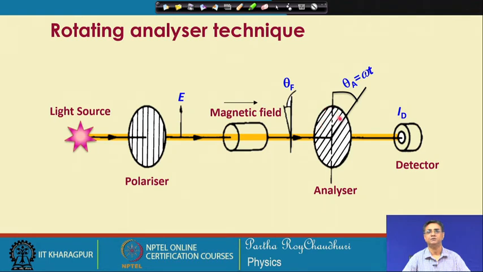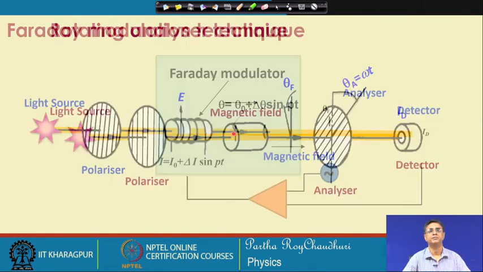Because of the rotation there will be a fall in the light intensity, but if you rotate the analyzer, you can measure the same intensity at a different rotation angle of the analyzer. You note down the angle of rotation of the analyzer, and from there we can make an estimate of the rotation as a function of the magnetic field.